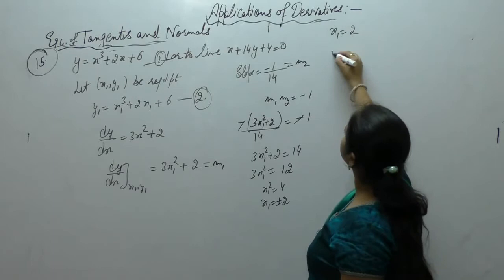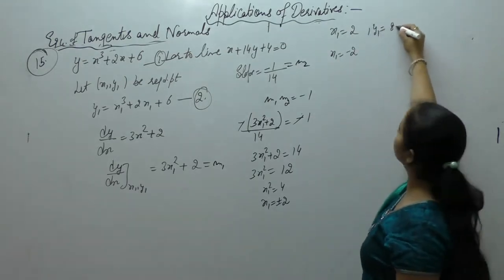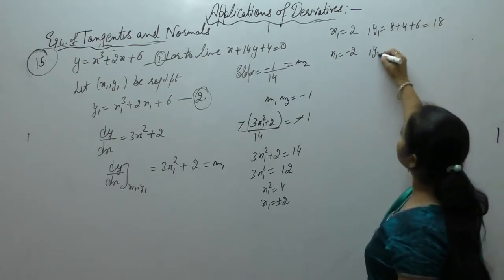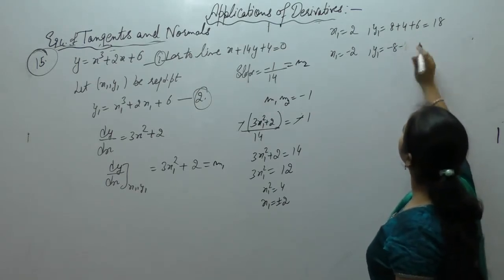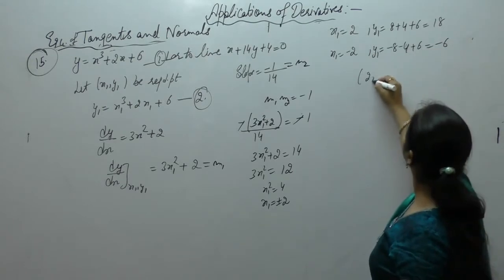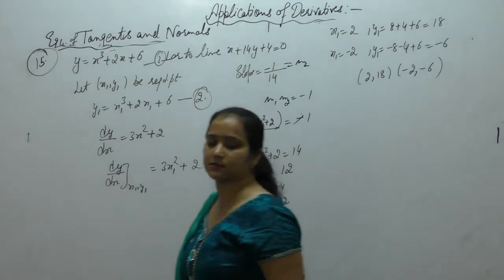When x1 is 2, then y1 is 2 cube plus 2 into 2 plus 6. When x1 is minus 2, y1 is minus 2 cube minus 2 into 2 plus 6. So we have points (2, 18) and (minus 2, minus 6).